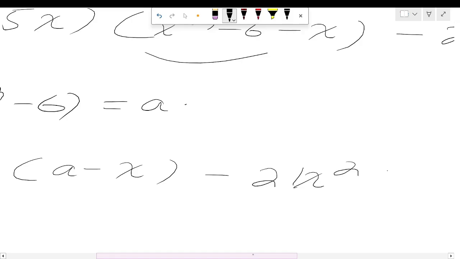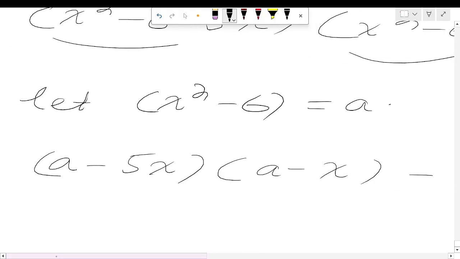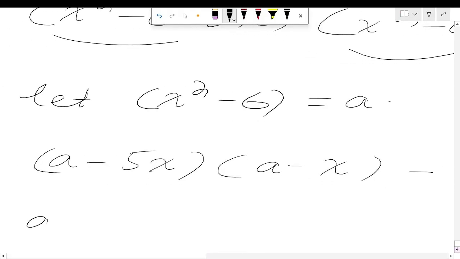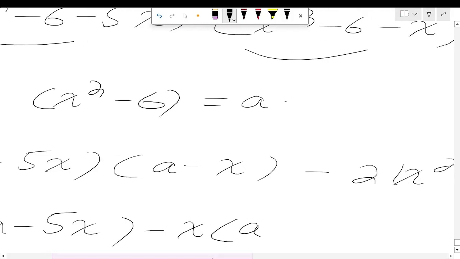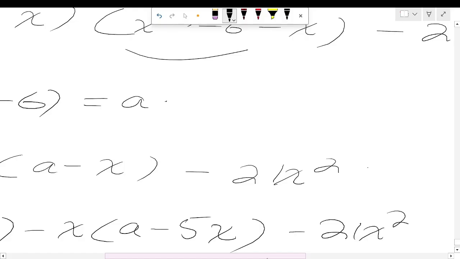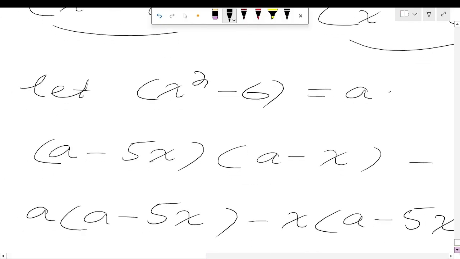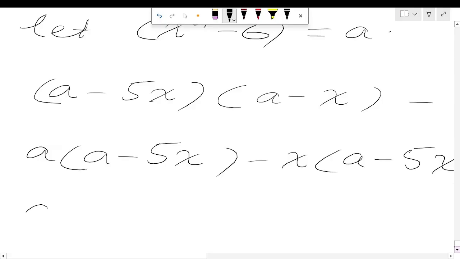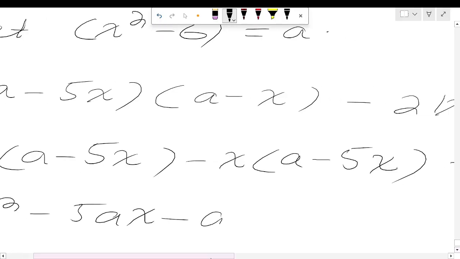Now what do we need to do next? We need to multiply these terms. So I'll write a bracket a minus 5x, and x bracket a minus x, and then subtract 21x square. Okay, what will we do next? We will write a square minus 5ax minus ax plus 5x square.